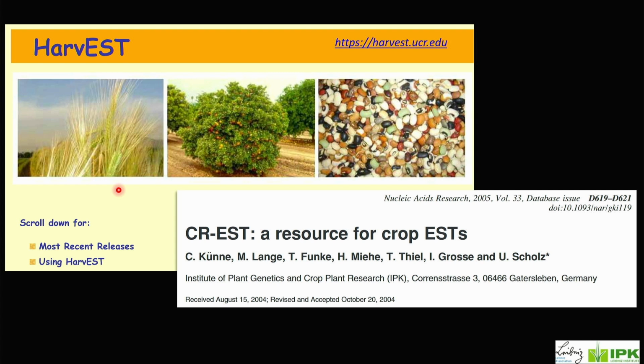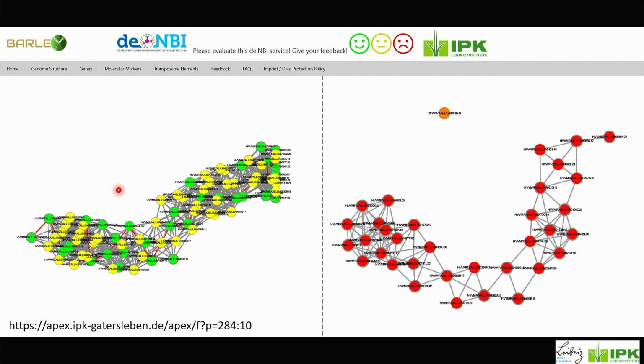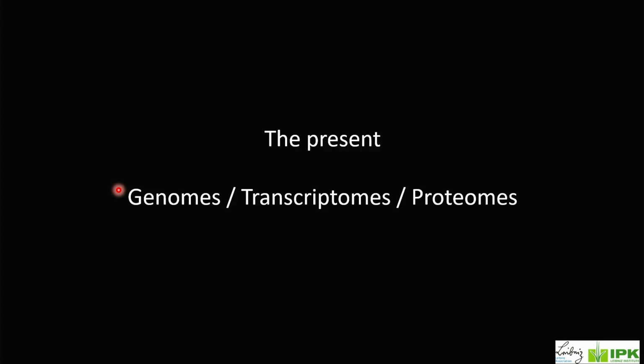There were publications about these databases, and these databases faded away again because the importance of EST databases is no longer there. There were other project-specific databases like the BARLEX database, which we used to visualize the physical map information. The physical map was used to develop the first reference sequence of barley, but this was of temporary use. The database is still accessible though.